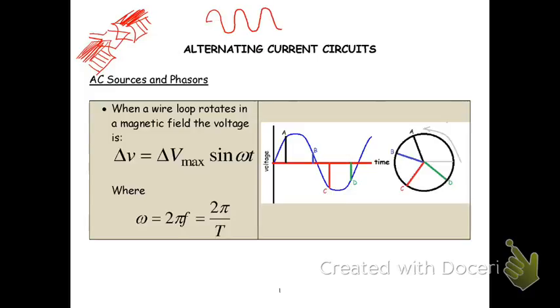Well, it's sine or cosine depending upon where I take the starting position. Mathematically, I'm going to assume I always start in the zero position. So this might be voltage, and this will be time, and I will see this nice sine curve.